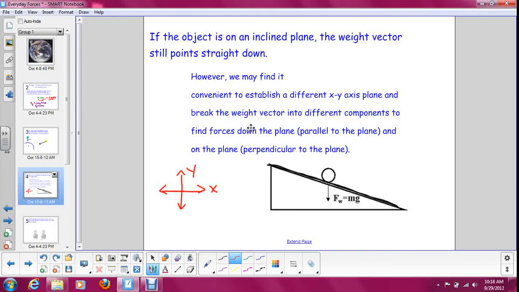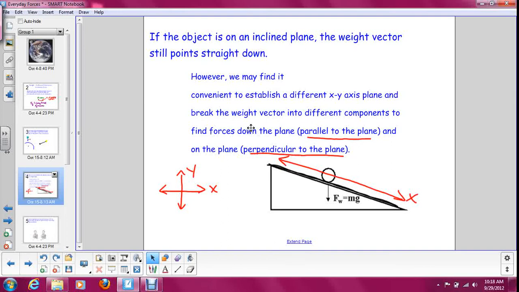So what we're going to do is use parallel to the plane as our x, and we're going to use perpendicular to the plane, I'm going to make that in a different color, as our y.